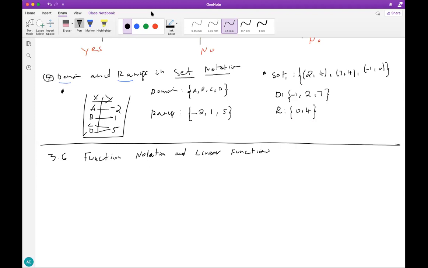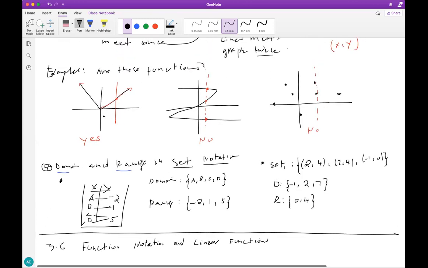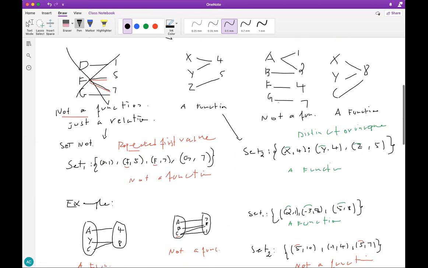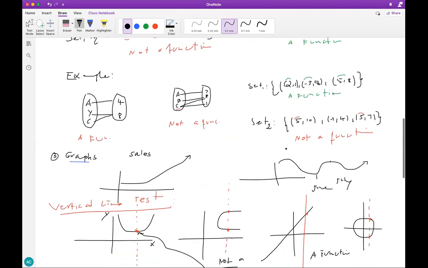So let's talk about the function itself. So far we've not seen the function itself, but we just saw tables that are based on functions. We saw graphs that are based on functions. We saw set notations that are based on functions, but we didn't see the function itself, the formula, the expression.